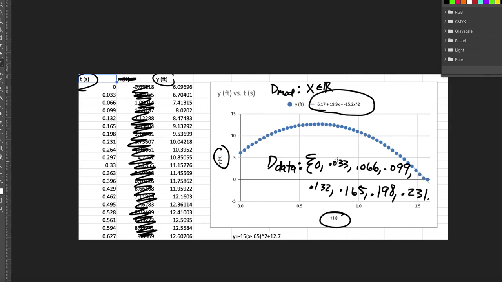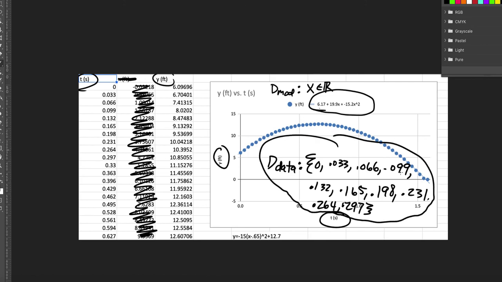How many do I have? 1, 2, 3, 4, 5, 6, 7, 8. 2 more. 0.264 and 0.297.